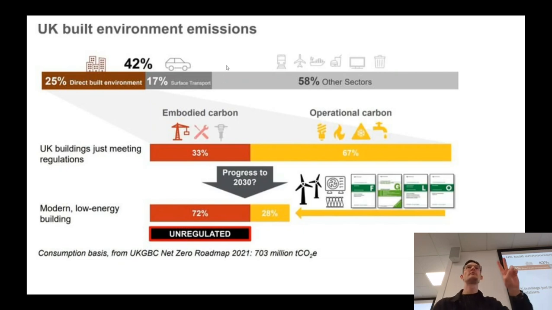There are two ways we can reduce our carbon footprint in architecture. One is to reduce the embodied carbon, which means this building almost certainly is held up using steel. Steel is very, very carbon intensive to produce. If instead I was to use something like timber, which has a much lower carbon footprint, to do the same thing, I've reduced the embodied carbon in the body of the building.